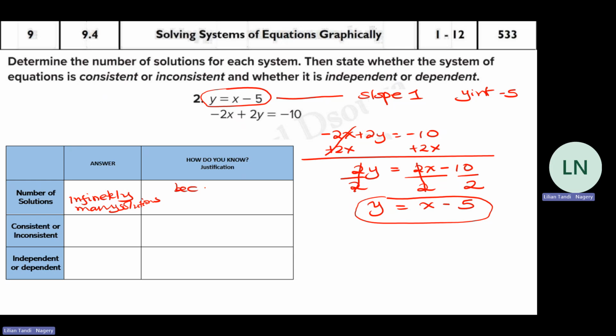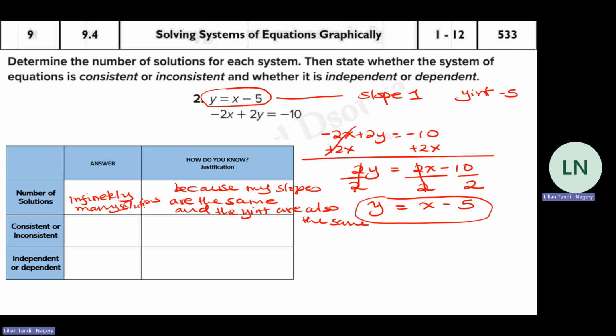Because I have the same slope and the same y-intercept. Because my slopes are the same and the y-intercepts are also the same.